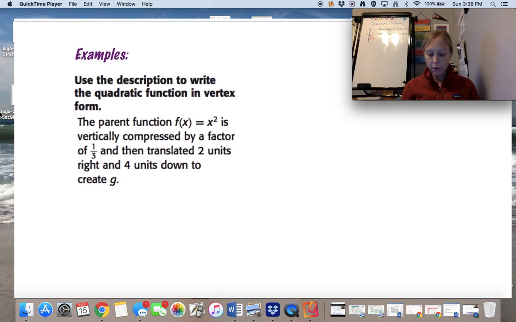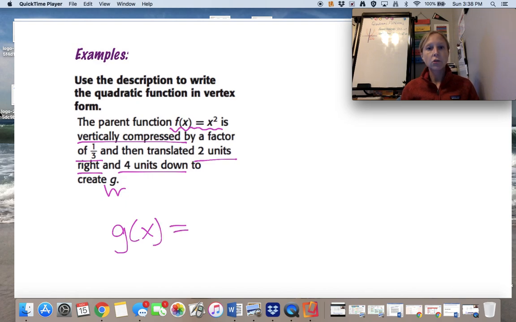Let's try one more. Again, we're going to be starting with our parent function, and we're going to vertically compress this time by 1/3. We're going to go 2 units to the right and 4 units down to create g. So g of x, remember we start with any stretches, compressions, or reflections.